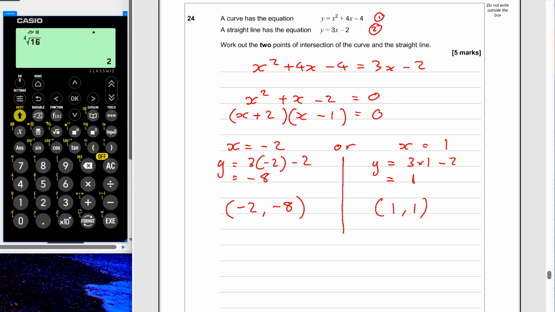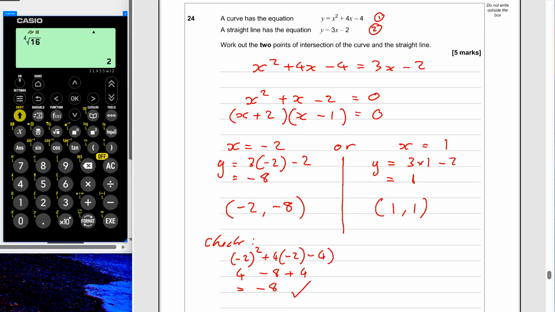Quite a high valued question, 5 marks, so let's just double check that. Let's just check by substituting into the first equation. So first of all, minus 2 squared plus 4 lots of minus 2 minus 4 is going to be equal to 4 minus 8 minus 4, which would equal minus 8.